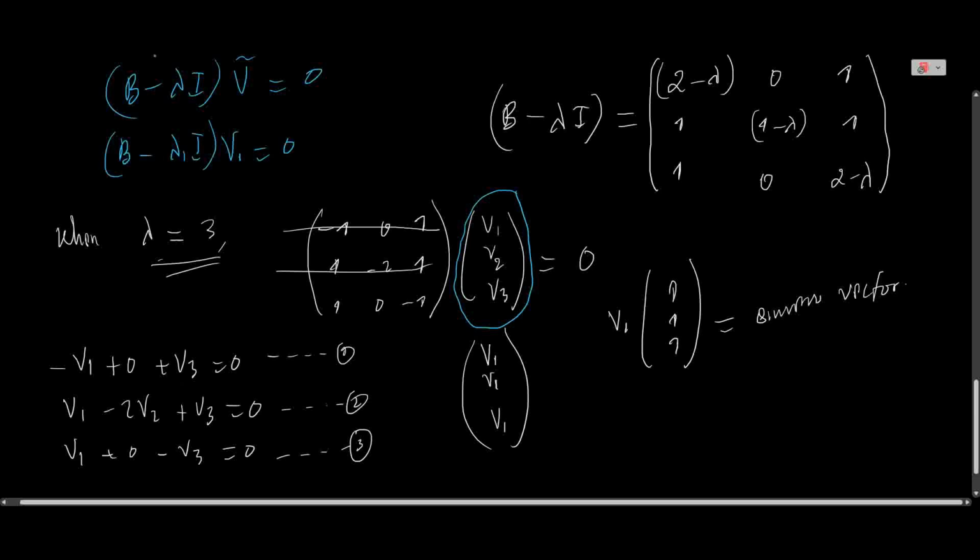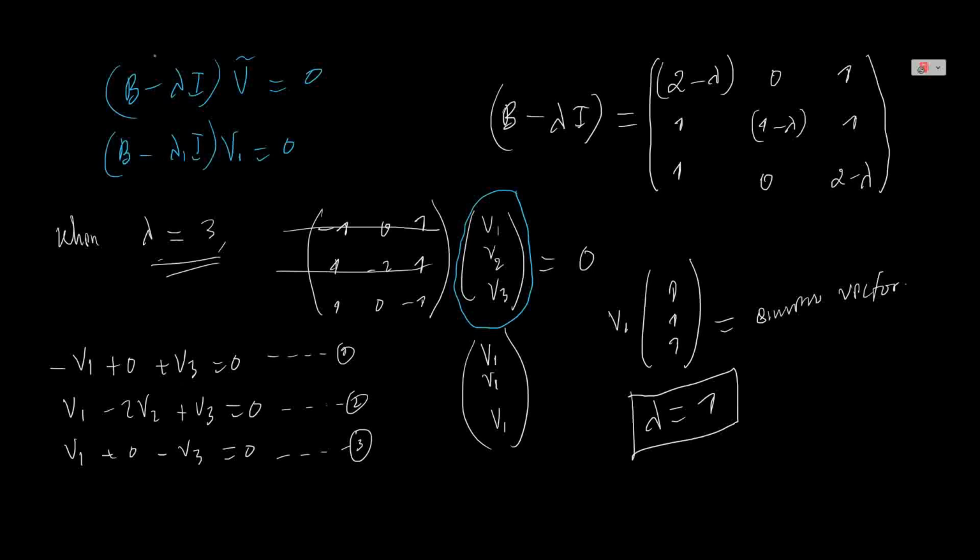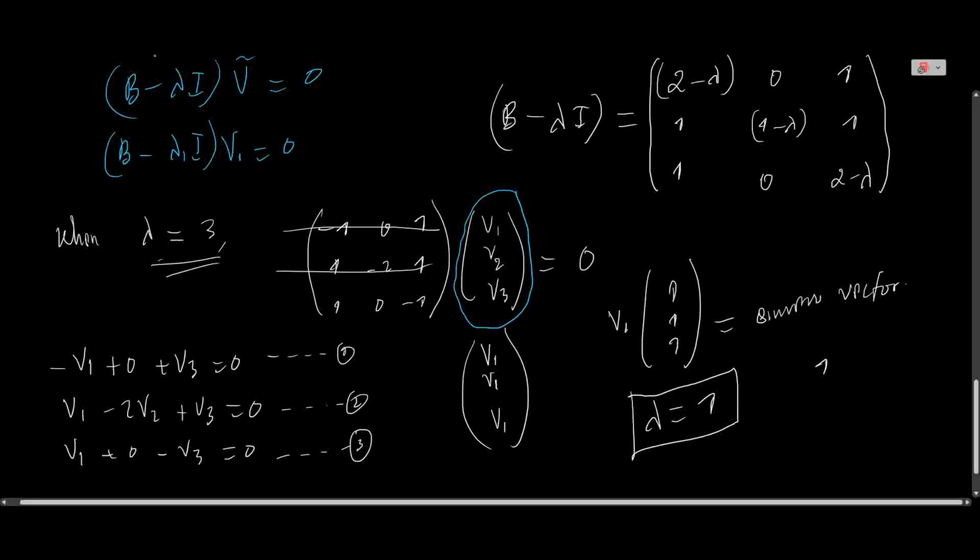So that's our eigenvector. We're going to do the same thing for lambda equal to 1, and I'm not going to compute that. It's going to be an exercise because the videos are already very long. When you substitute lambda equals 1, you're going to have the matrix 1, 0, 1, 1, 0, 1, 1, 0, 1.